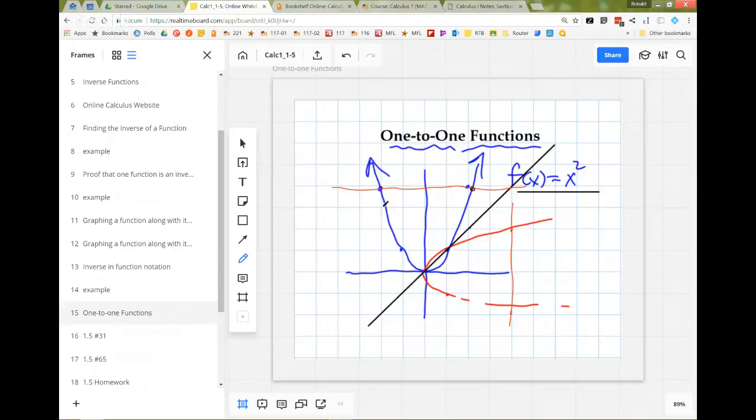So the blue f of x equals x squared is a function, but it is not one-to-one. So that means it's a function, but when you find its inverse, it won't be. That's in effect what a one-to-one function is.